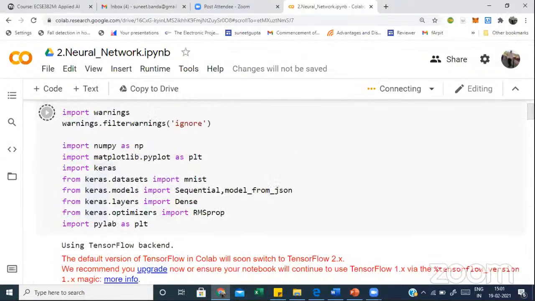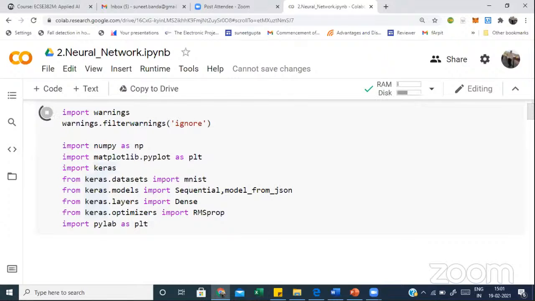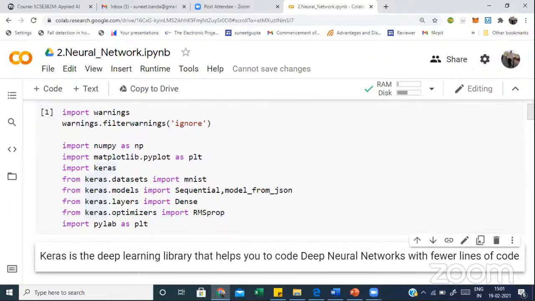Always remember, in Python you can implement the artificial neural network using TensorFlow, using Keras, with the help of PyTorch. All these major libraries are there, which you can utilize for the implementation of the neural network.